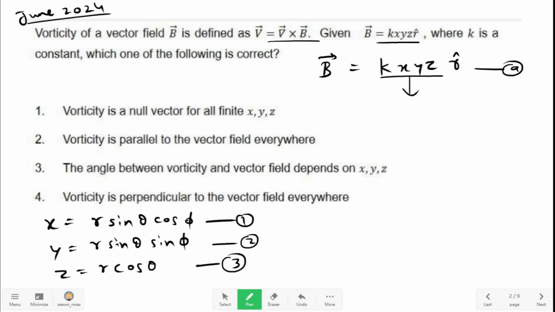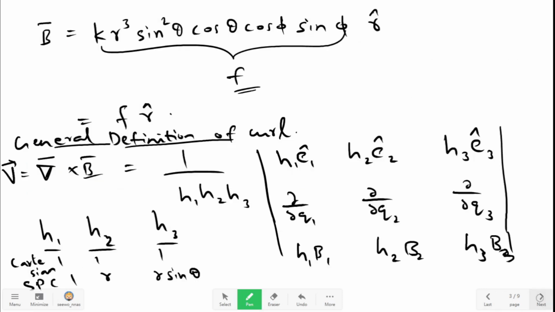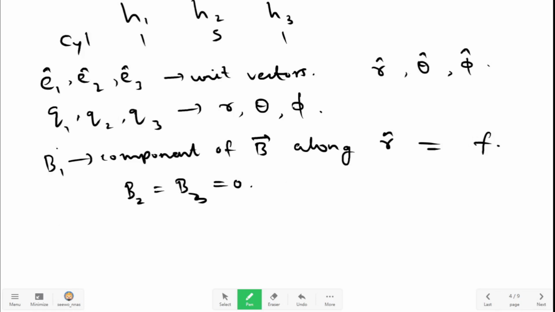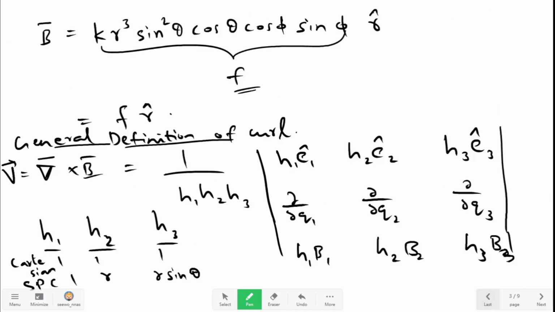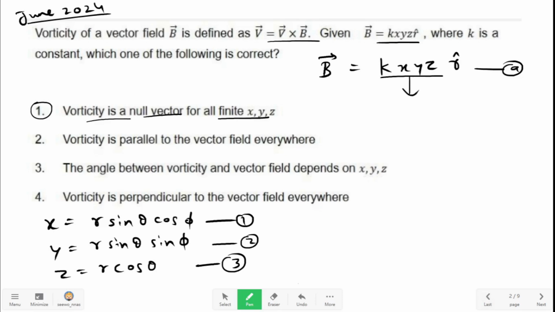Now in the question, the first option says that vorticity is a null vector for all finite x, y and z. But here you can see that the component of V along theta cap direction is non-zero and the component of V along phi cap direction is non-zero, therefore it is not a null vector. Therefore option 1 is incorrect. Now the fourth option says vorticity is perpendicular to the vector field everywhere.